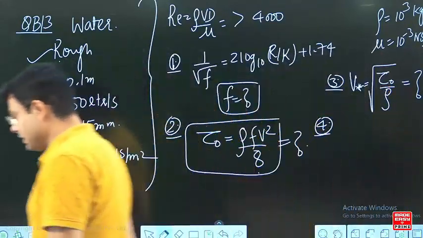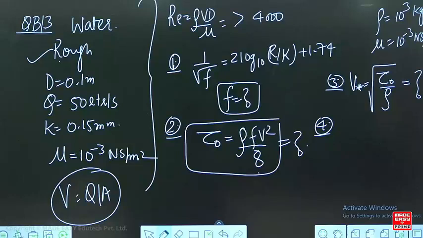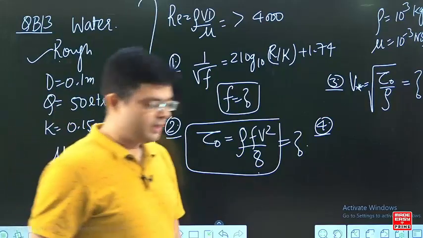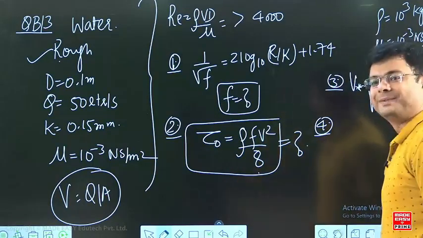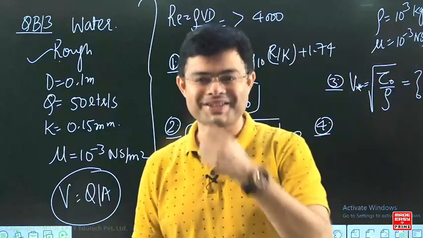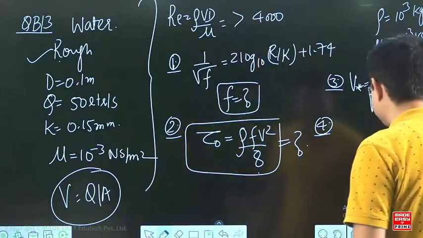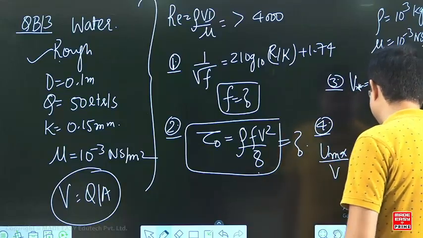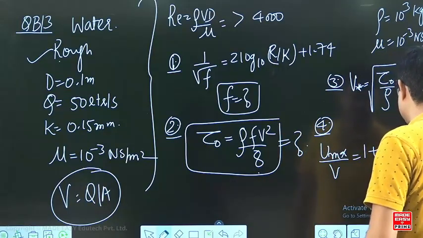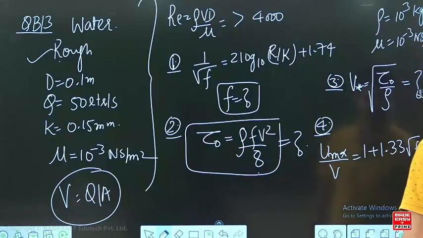Number 4th. What is the 4th part? You need to find maximum velocity. How will you find it? There should be a smile on your face, because just now I have proved that for turbulent flow, U max by V is 1 plus 1.33 root f.